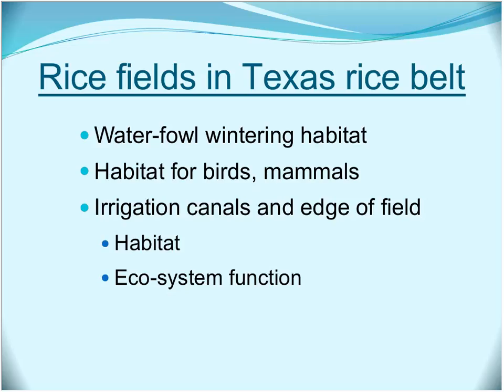The irrigation canals and the edge of field can provide both habitat and ecosystem function, in terms of not only habitat but also water quality improvements and various sequestration type functions. And so that's kind of it. Again, we didn't talk about all of them, but it's just a look at some of the habitat and the various functions that you can find in these areas in the Texas rice belt.